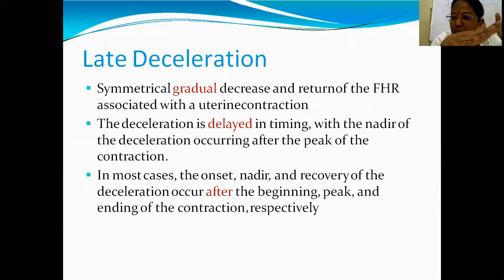Usually after the uterine contraction, there is a decrease in the heart rate. The deceleration is delayed in timing, with the nadir of deceleration occurring after the peak of uterine contraction. In most cases, the onset, nadir and recovery of deceleration come after the beginning, peak and ending of uterine contraction respectively. So it doesn't correlate.